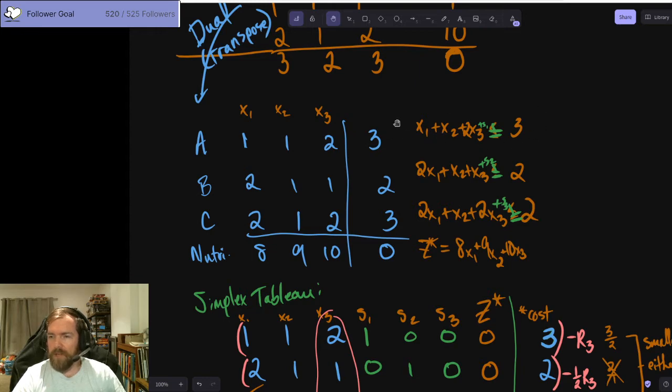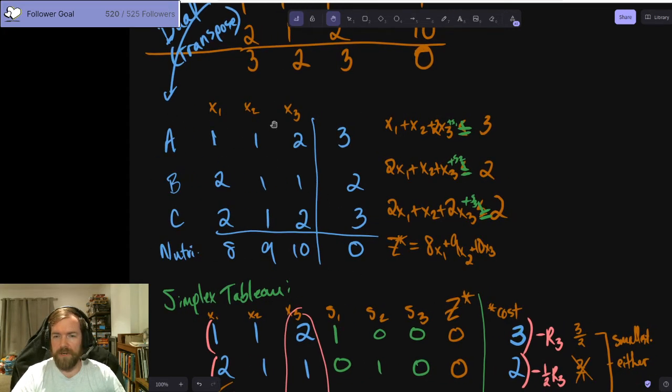So again, we create these duals, which will now turn our minimization problem into a maximization problem. So we end up with this dual here, and then we say, okay, our z function is going to be 8x1 plus 9x2 plus 10x3, and then we have these inequalities, which are now going to be all less than or equal to our respective 3, 2, 3.